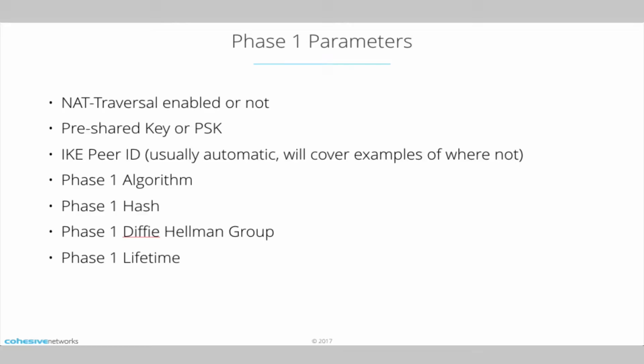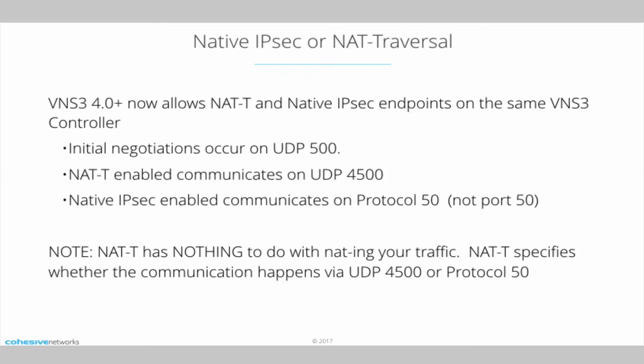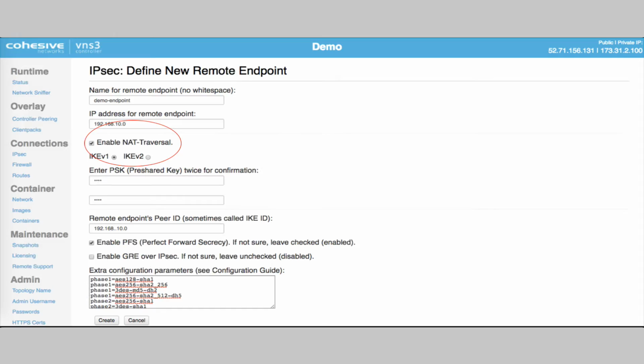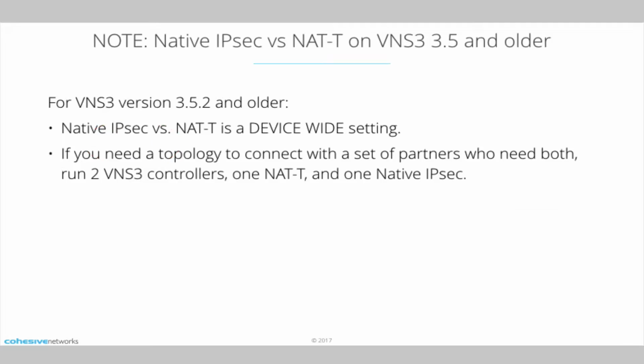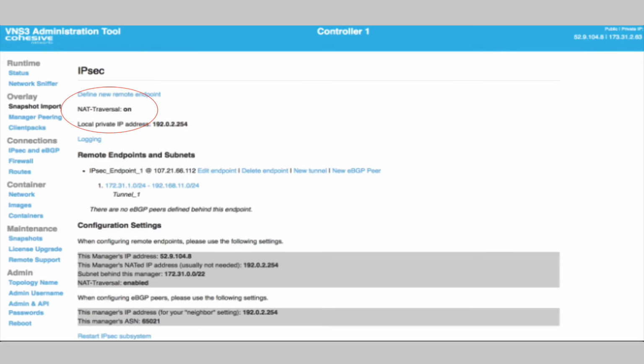Phase 1 algorithm, phase 1 hash, phase 1 Diffie Hellman group, which has to do with how key exchange happens, and the phase 1 lifetime. All of the connections to a given VNS3 have to either be native IPsec or NAT-Traversal. It might be a customer with multiple data centers connecting in the cloud with different networking teams, and one of them wants to use NAT-T, one of them wants to use native IPsec.